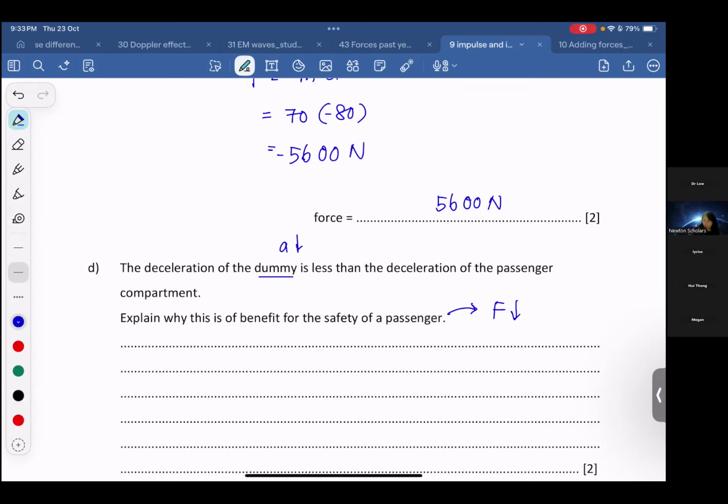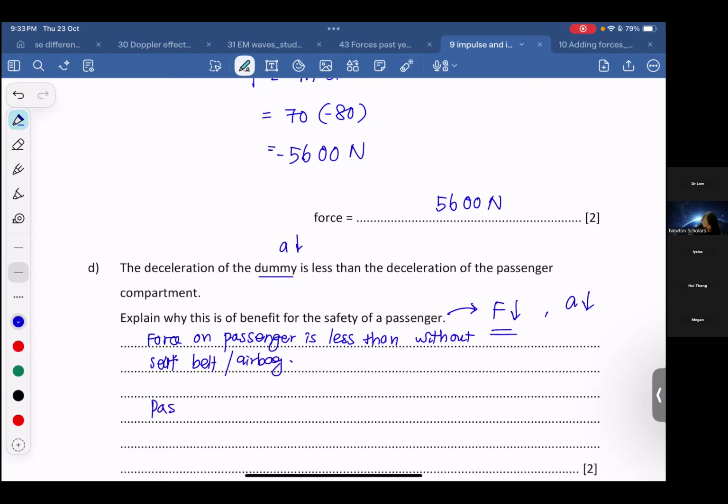Then they're asking you, acceleration for the dummy is less. If your acceleration is less, your force is also less. So this is the benefit. So the force on the passenger, the dummy represents the passenger, is less than without seatbelt or airbag.